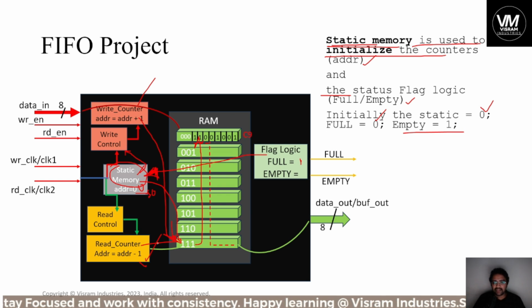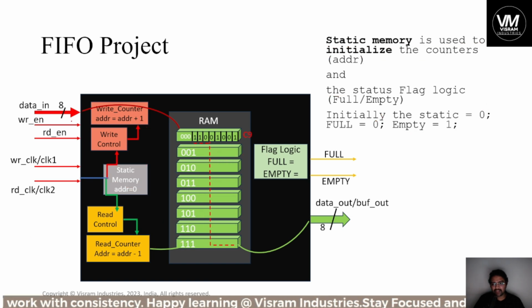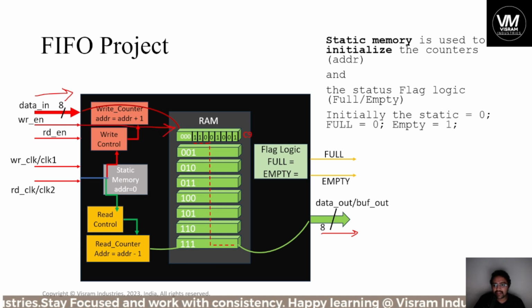Okay, and now let us understand one by one what the input output pins are and what data is transmitted here. We have the data input bus. That bus is nothing but an 8-bit bus, 8-bit wire data in, and output data out, buff out, that is 8-bit. And here we have write enable and read enable. These are connected to the RAM.